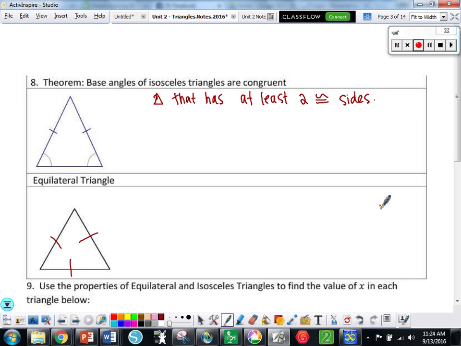Now in an isosceles triangle, this right here is called your vertex angle. These two right here, they're called your base angles. These two right here, the equal sides, are called the legs.